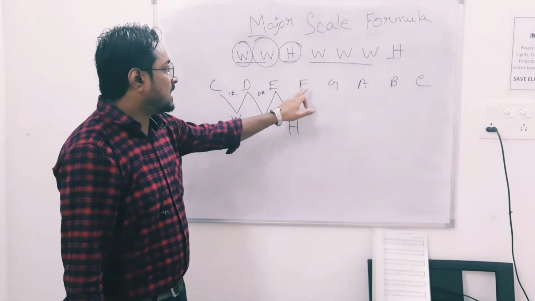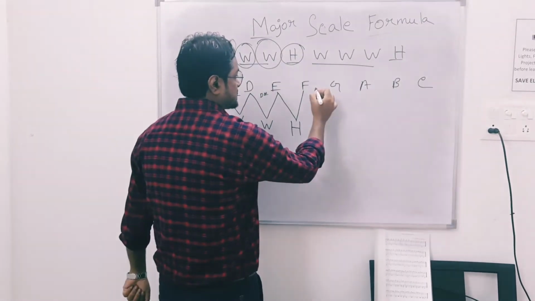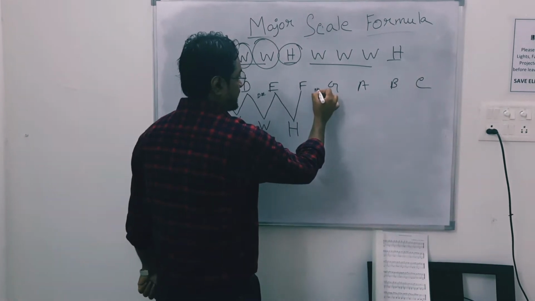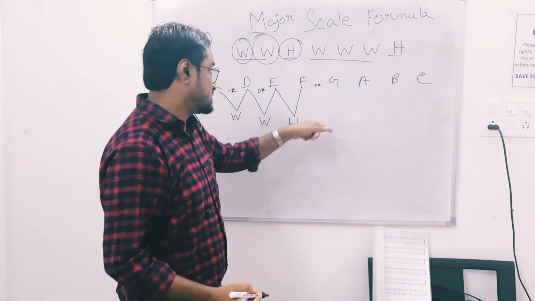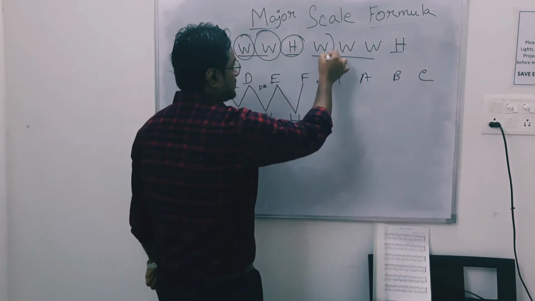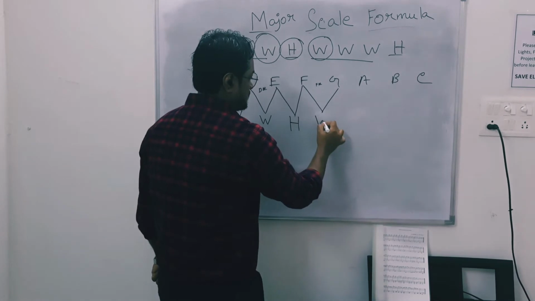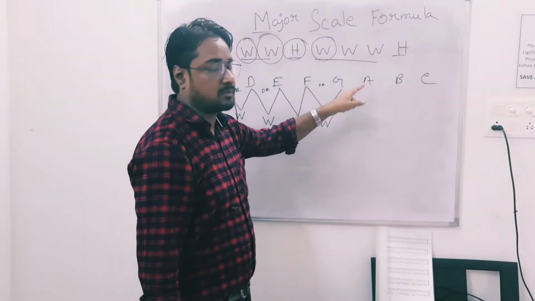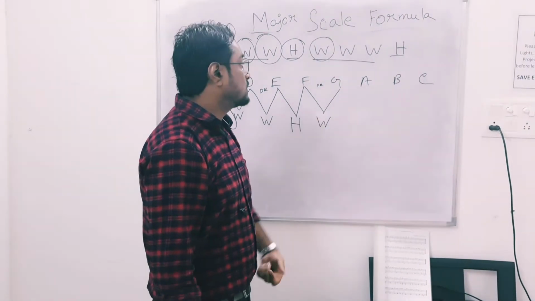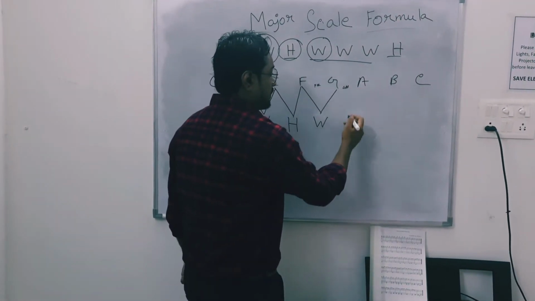Now in between F and G, we have one more note, F sharp or G flat. Again we have to skip it, so that's the next whole tone or whole step. Very simple. Now in between G and A, we have one more note, G sharp or A flat.